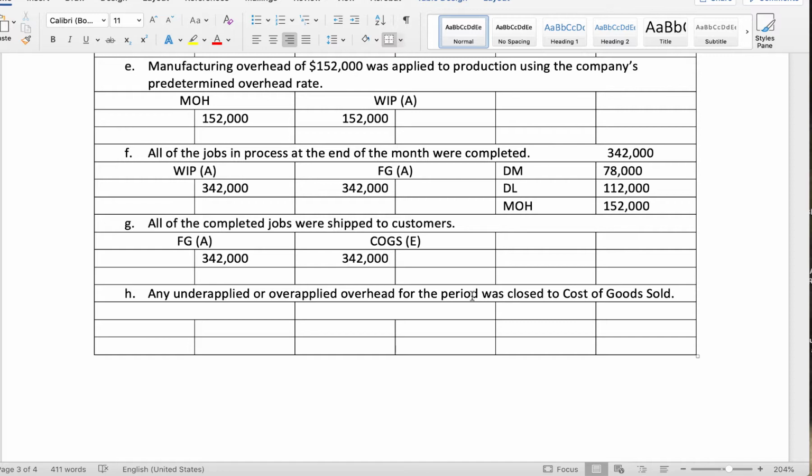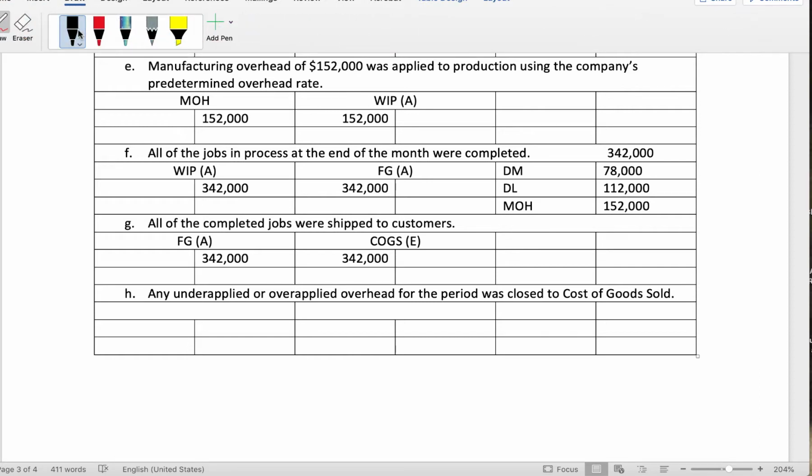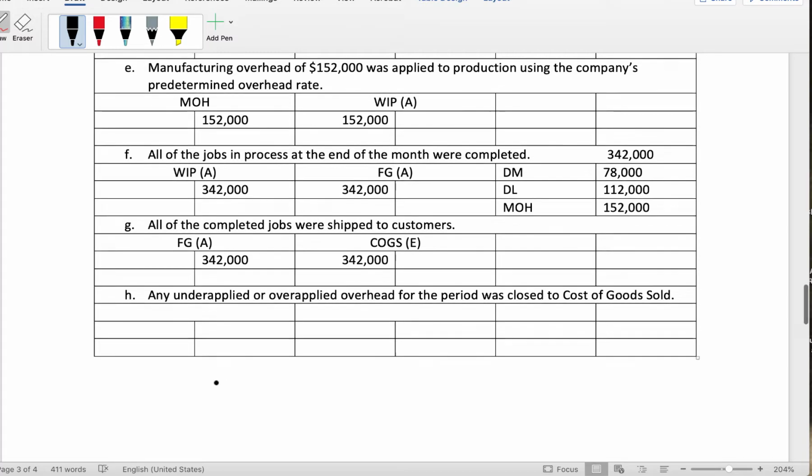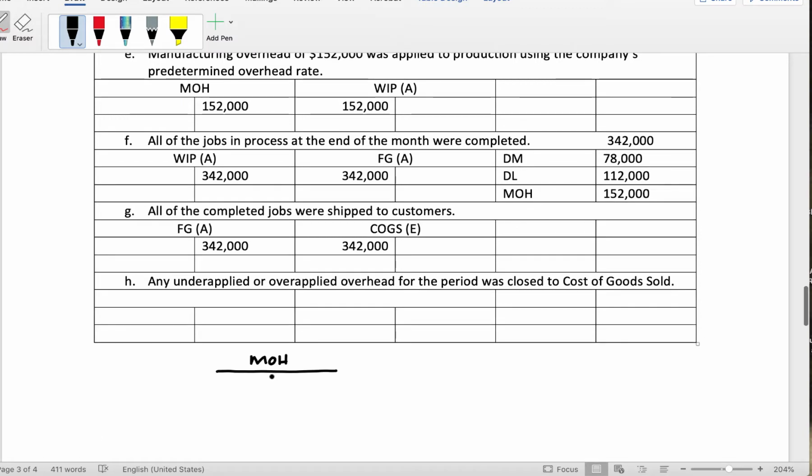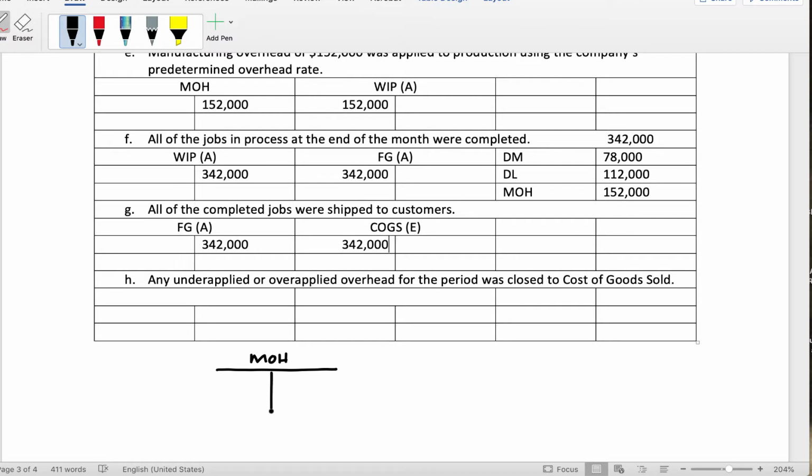Now the last part says any under or over applied overhead during the period was closed to cost of goods sold. So let's do this. I'm just going to draw the manufacturing overhead account. Remember, this is actual, which is the left side or the debit side.